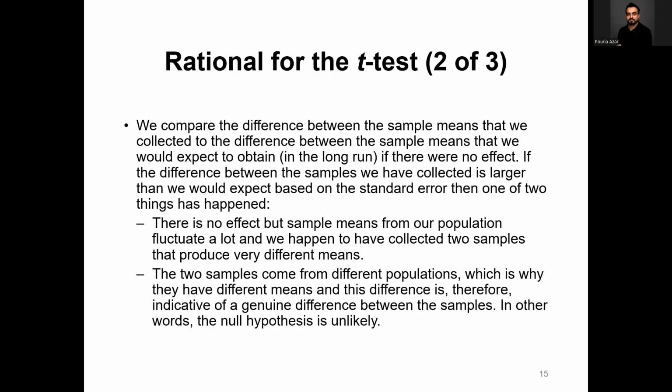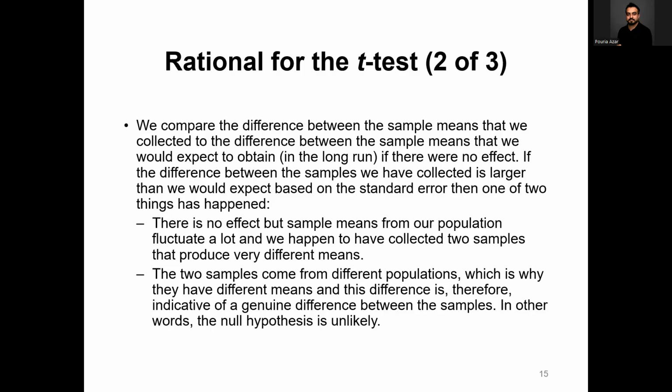So let's say I found a difference between the samples in terms of the mean of my dependent variable. I have two scenarios here. Whether there is no effect, but sample means from our population fluctuate a lot, and we happen to have collected two samples that produce very different means.